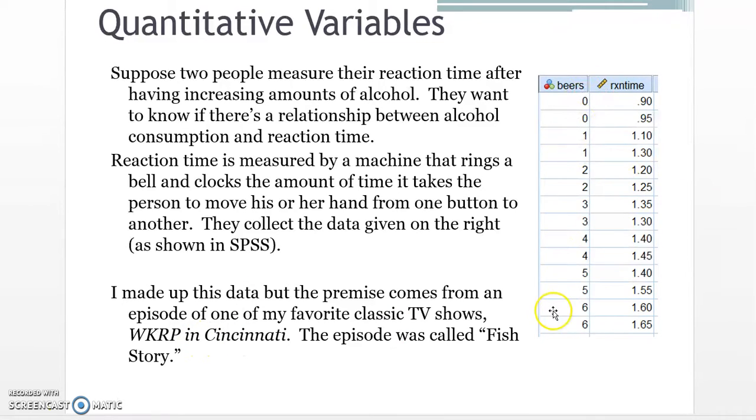So basically, the left column shows the number of beers, the beer consumption, and the right column shows the reaction time, which is measured by a machine that rings a bell and clocks the amount of time. We'd like to see if there's any relationship between the number of beers and the reaction time of a person.